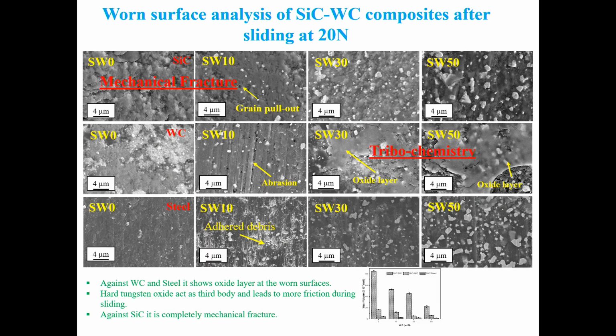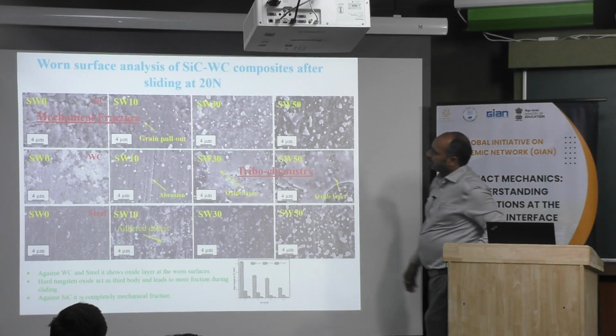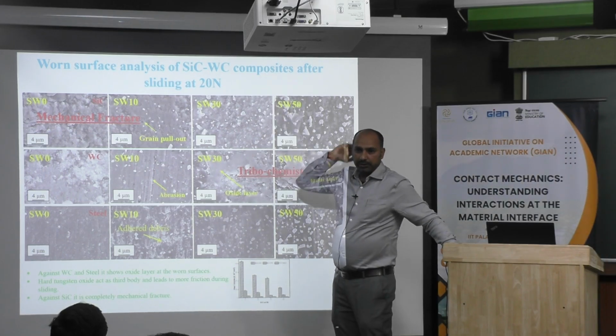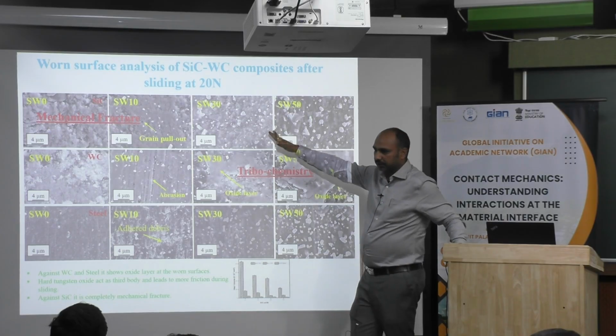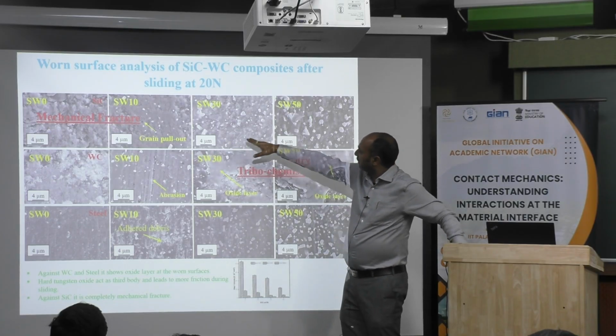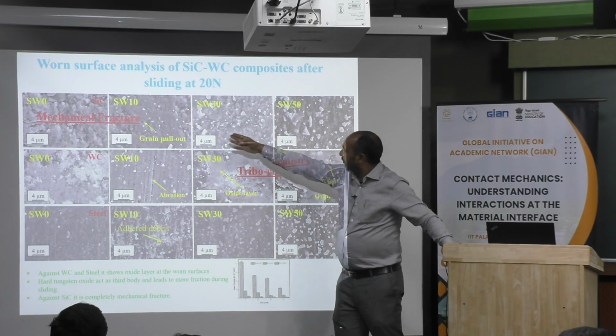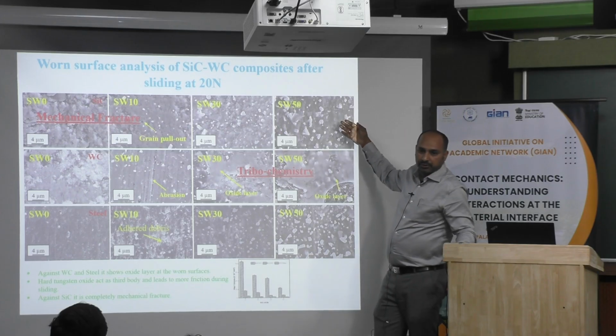Then we tried to analyze the worn surface of the composite. Earlier it was for monolithic SiC. Now we incorporate tungsten carbide, 10%, 30%, 50%, and see how it changes. At 20 Newton, a severe condition, mechanical fracture is dominating, but it is getting reduced.